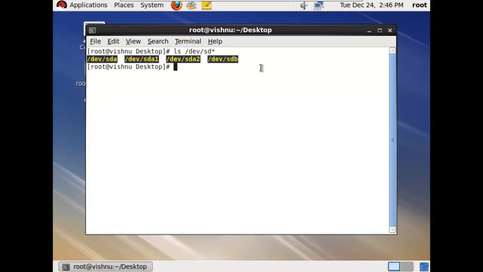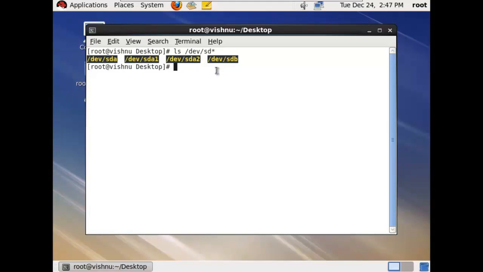So, guys, here you can see SDB, a second hard disk whose name is SDB. Earlier I also made you aware that your first hard disk is represented by SDA, and if you attach a second hard disk to your Linux server, then you will see this SDB. Okay, so we are verified.